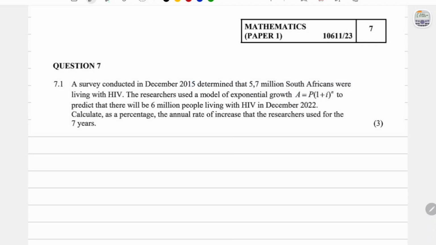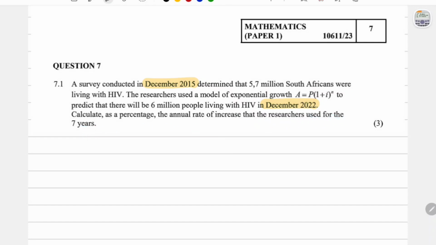Okay, so we're starting at December 2015 and ending at December 2022. So the question is to calculate as a percentage the annual rate of increase that the researchers used for the 7 years.